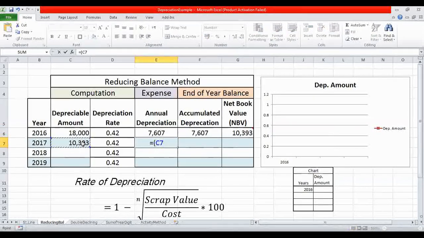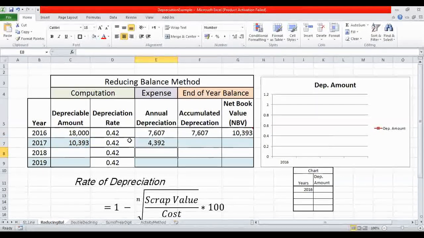This value times the rate is our depreciation expense. This depreciation expense will be added into accumulated depreciation. So this amount plus this amount is going to become our accumulated depreciation.